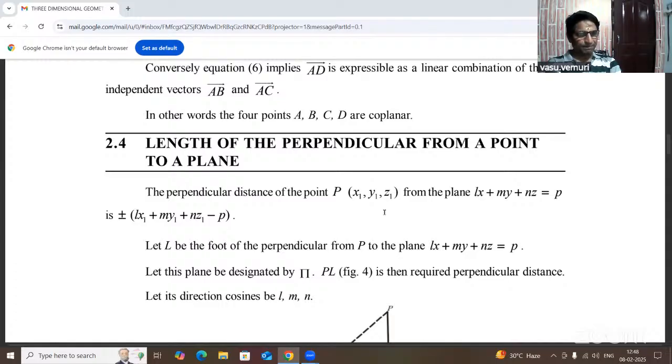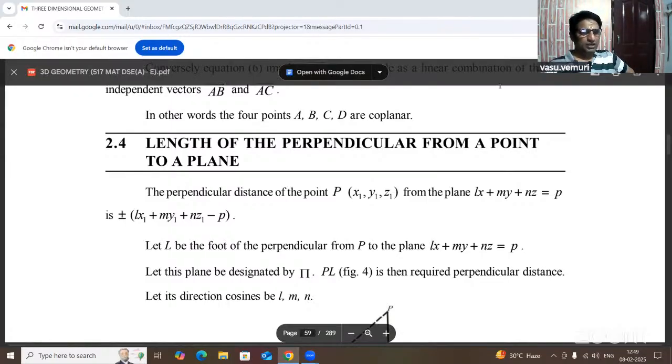The perpendicular distance of the point to the plane Lx plus My plus Nz equal to p is plus or minus Lx1 plus My1 plus Nz1 minus p, through the normal form. Now in the ordinary form, Ax plus By plus Cz plus D equal to 0, how do we get the perpendicular distance?